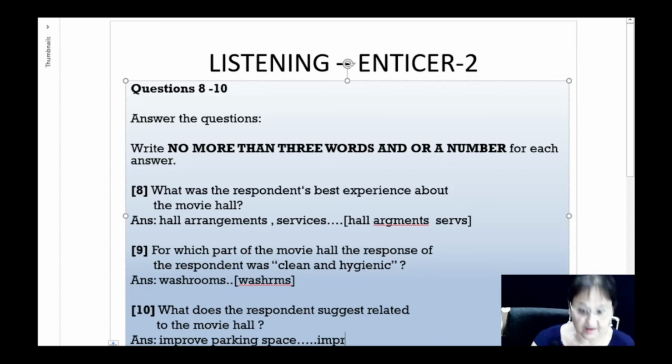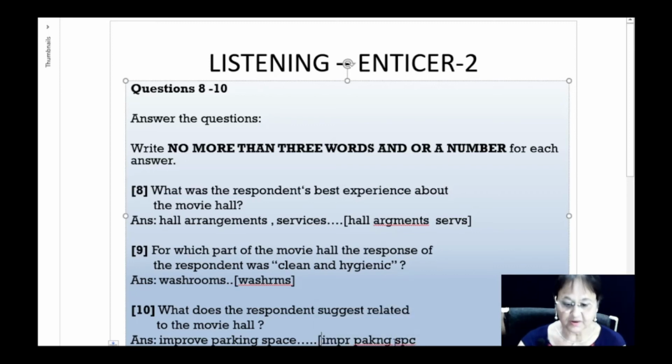So just put R. Improve PKNG. Probably that will tell you parking. And space SPC. That is the abbreviated version of the full answer.